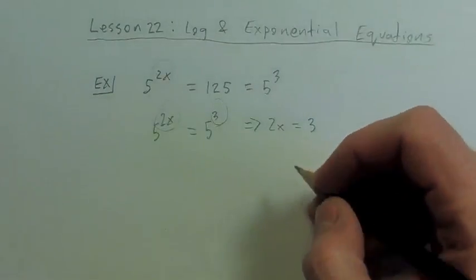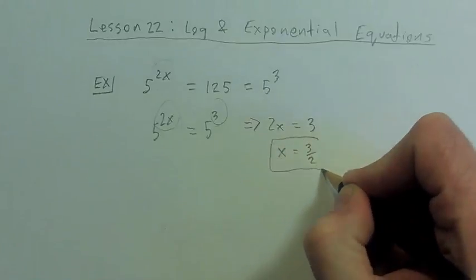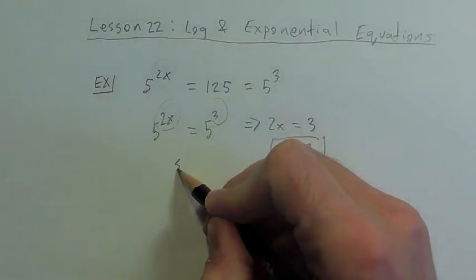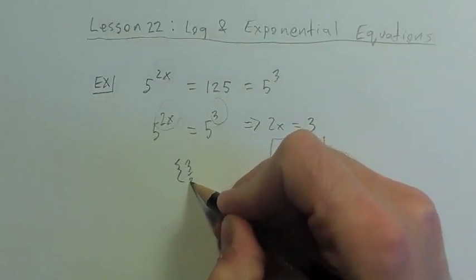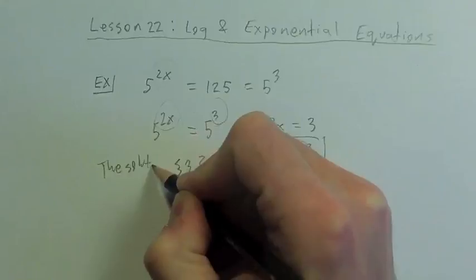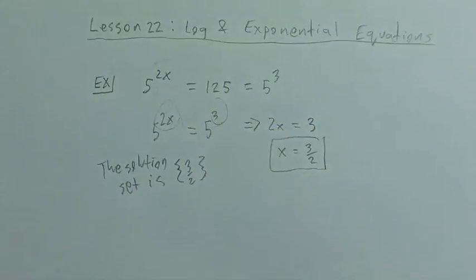So then I can just divide by 2 and get x is equal to 3/2. And in this situation, MyLabs Plus is going to do the whole solution set for a lot of these. So you would say the solution set is 3/2.